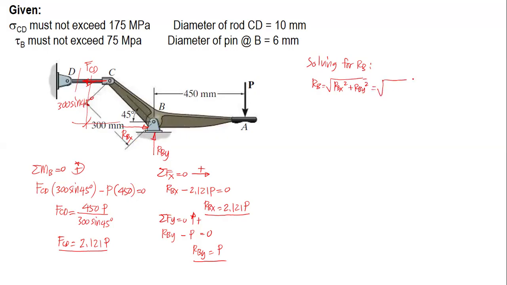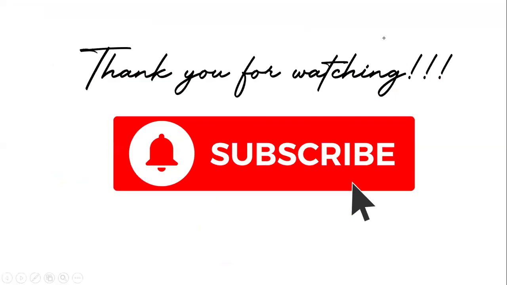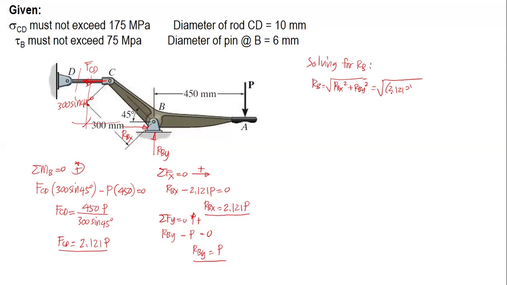Substituting, that's the square root of 2.121 P squared plus P squared, or the square root of 2.121 squared plus 1 squared.